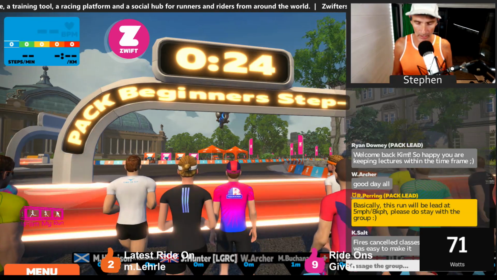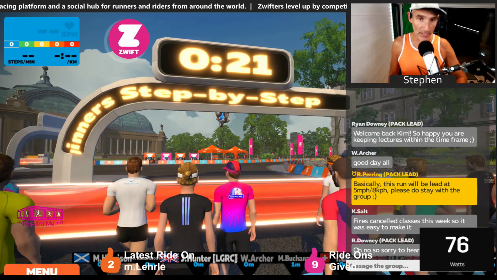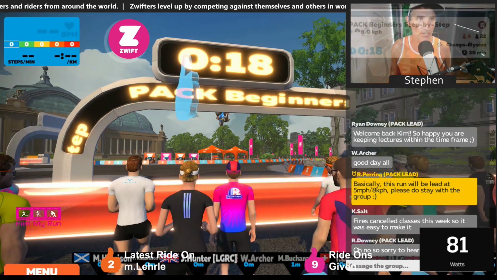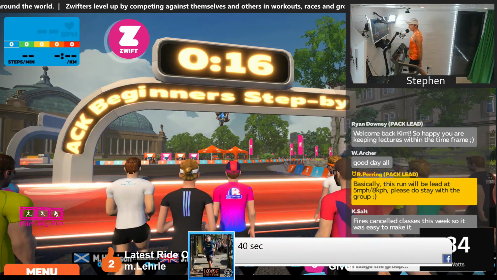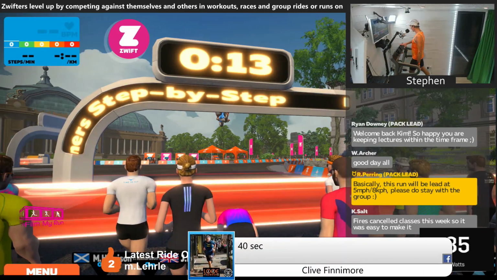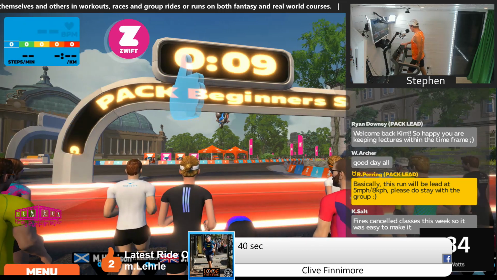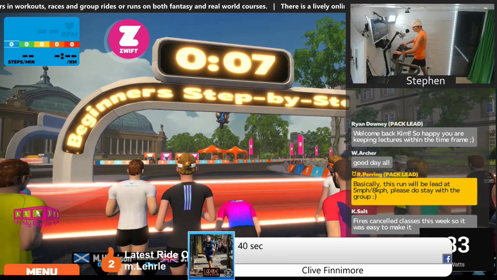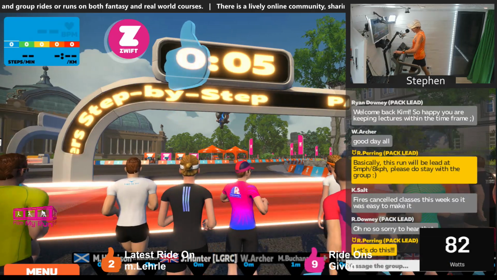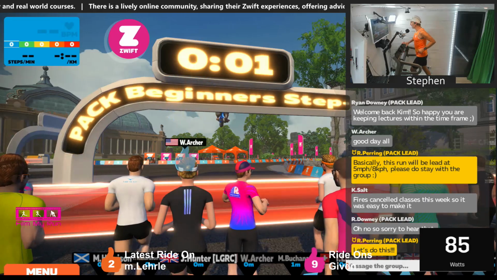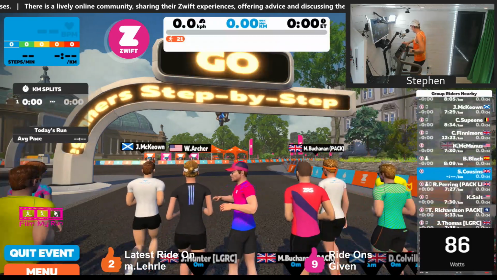People who are experienced runners can also join, but they are encouraged to add some incline gain to the run, just to make it a bit more difficult for them. I might add a little bit of incline actually. Yeah, why not? Let's go up to 4% incline, and away we go. 8 kilometers per hour.